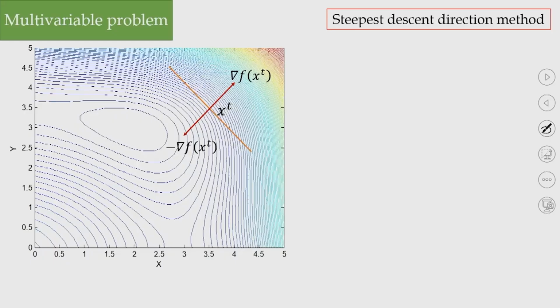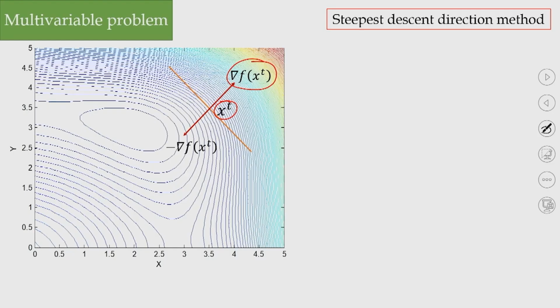Now let us discuss another method, that is the steepest descent direction method. In this method, suppose you are at xt, then you calculate the first derivative value, del f at xt.